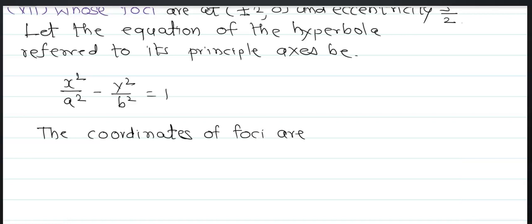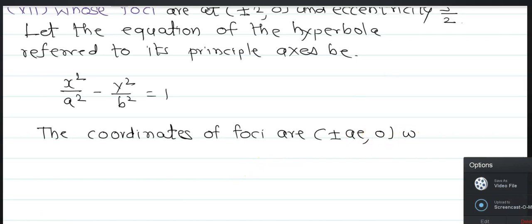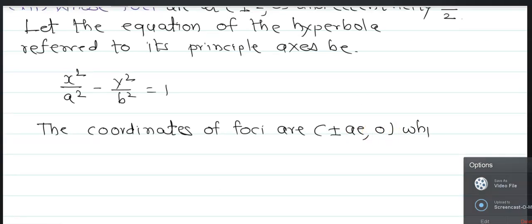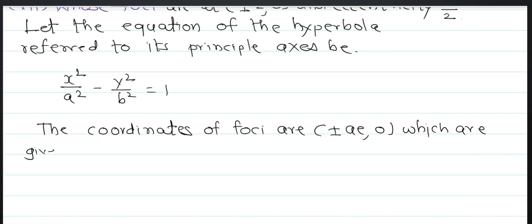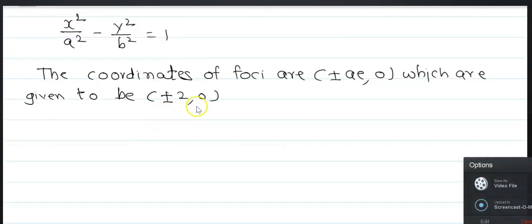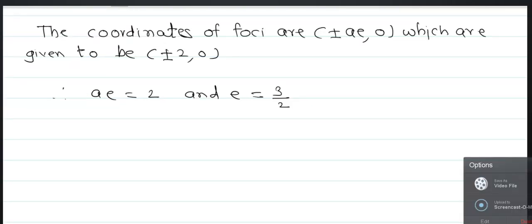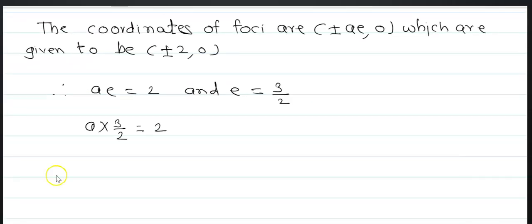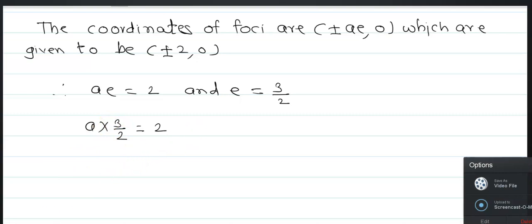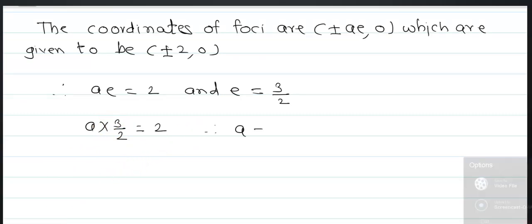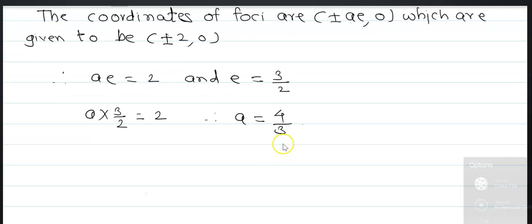The coordinates of foci are (±ae, 0), which are given to be (±2, 0). So ae equals 2 and e equals 3 by 2. Therefore, a into 3 by 2 equals 2. Therefore, the value of a is 4 upon 3.